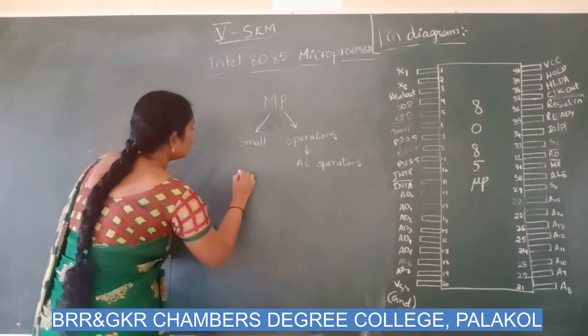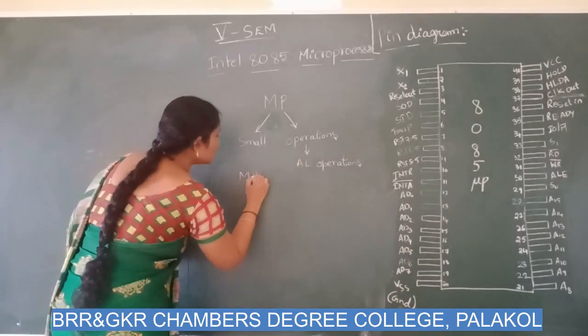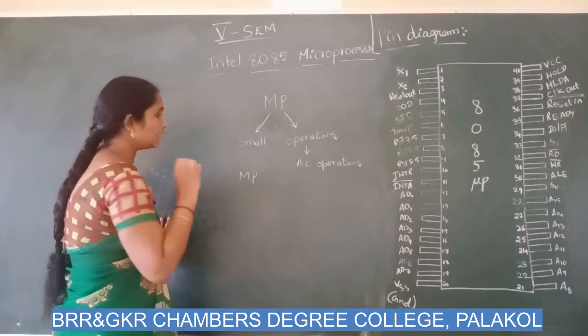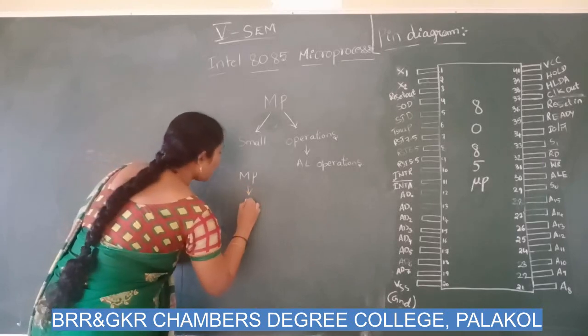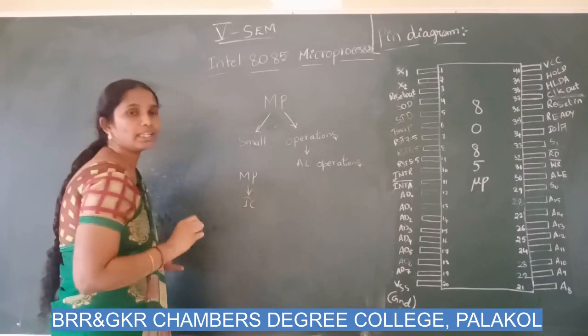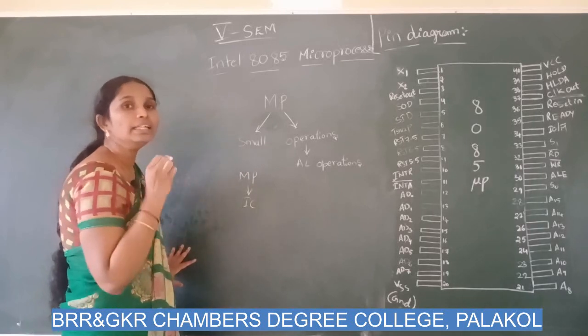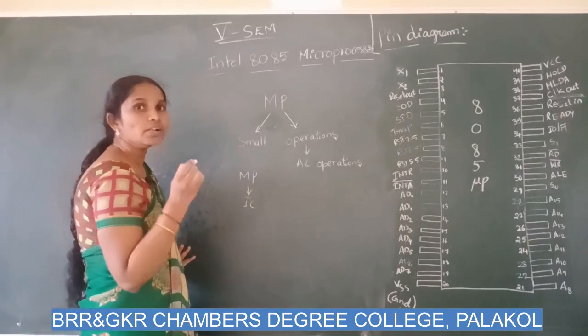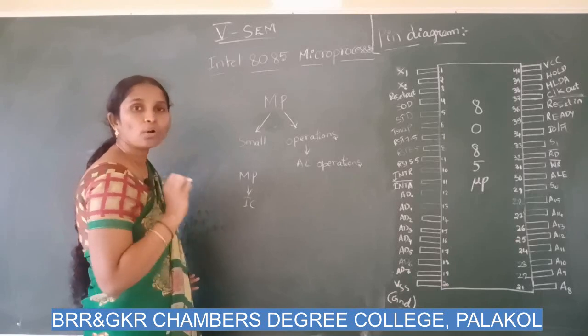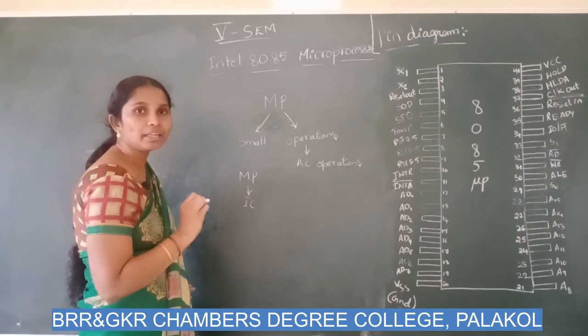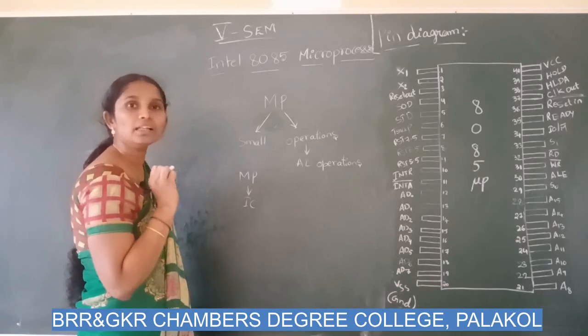So a microprocessor is an electronic device. That means it is an IC. IC is nothing but an integrated circuit, so all the electronic components are fabricated in a single chip.